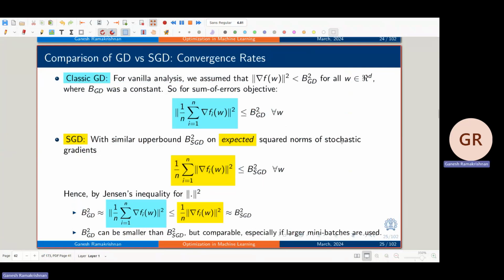So basically it's an expected squared norm of the stochastic gradients. So you can always apply Jensen's inequality. This is what I was talking about, the gap, right? I said there is some gap. It's not as rosy as you had for gradient descent. Why? Because if you apply Jensen's inequality, the part in blue is less than or equal to the part in yellow, right? The norm of the summation squared is less than or equal to the summation of norm squares. Okay, so that's the sad part.